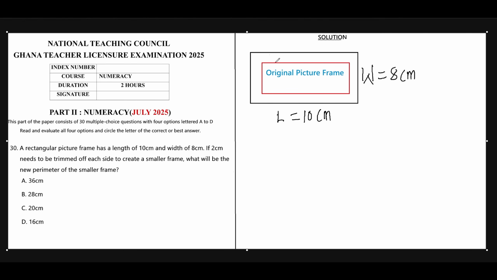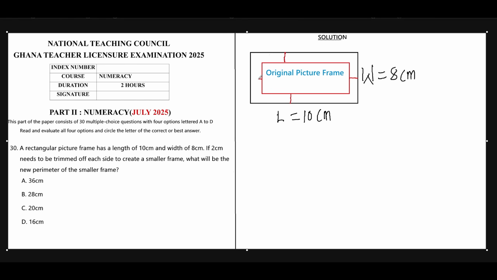So remember, the original picture frame was in the shape of a rectangle. So the trimmed picture frame must also be in the shape of a rectangle. But here the difference is that the distance between the original one and the trimmed one will always be 2 centimeters.